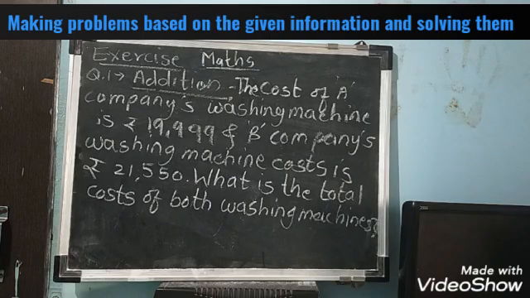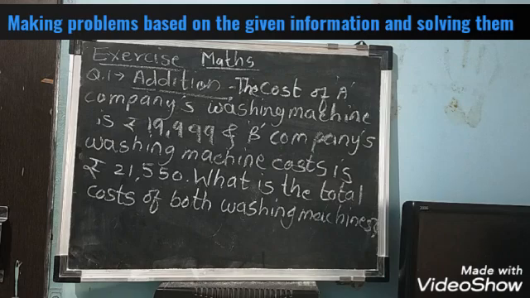The cost of A company's washing machine is rupees 19,999 and B company's washing machine cost is rupees 21,550. What is the total? Total word I have used, so it is the example of addition. So I was telling you, learn the note. The note is so important. You can use the note to frame the examples. What is the total cost of both washing machines?